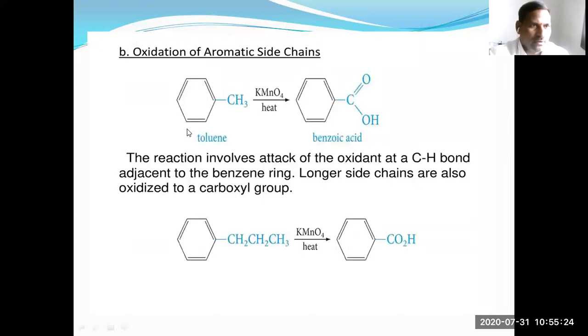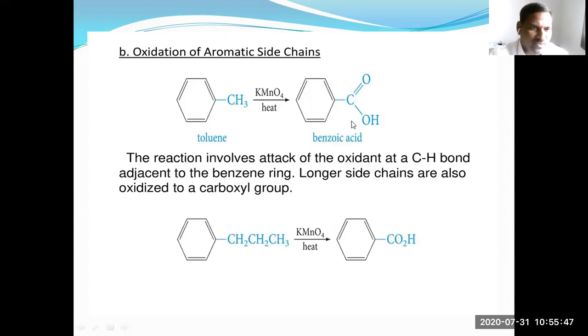Next, oxidation of aromatic side chains. This is the aromatic group. The side chain is a methyl group. The name of this compound is toluene. So toluene undergoes reaction with KMnO4. The reaction is an oxidation reaction.